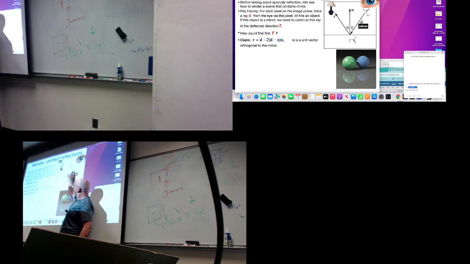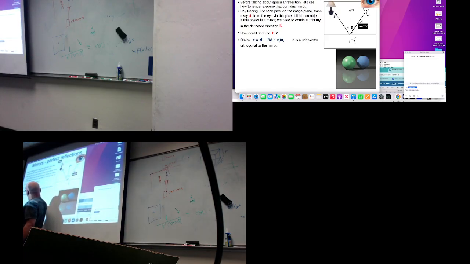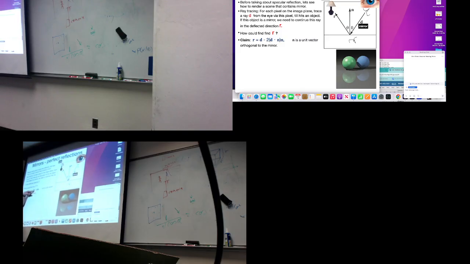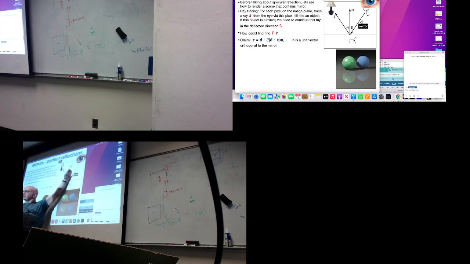Basically, if the normal is a y direction, then the term d times n is the y component of r.